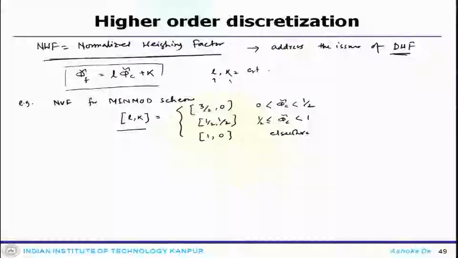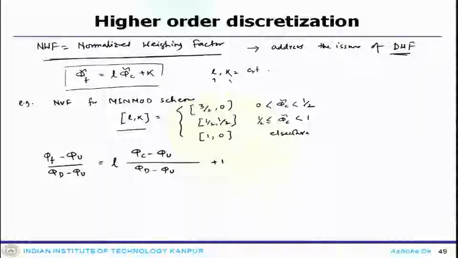Now, the second step is to rewrite the ratio phi f minus phi u divided by phi d minus phi u as L multiplied by this factor plus k.